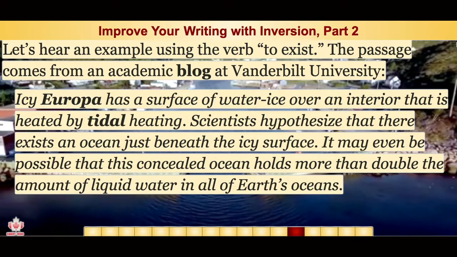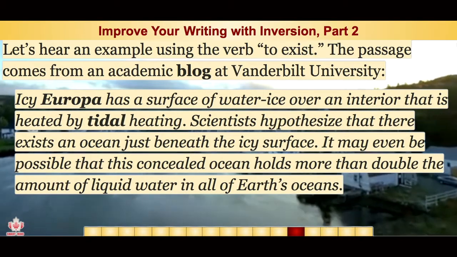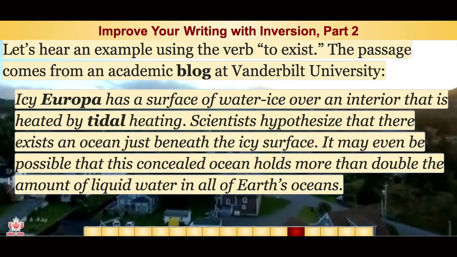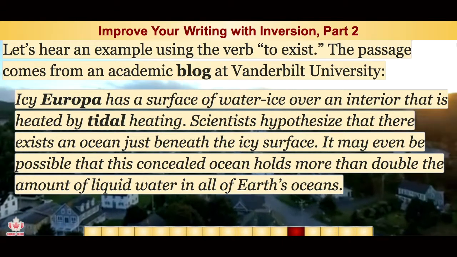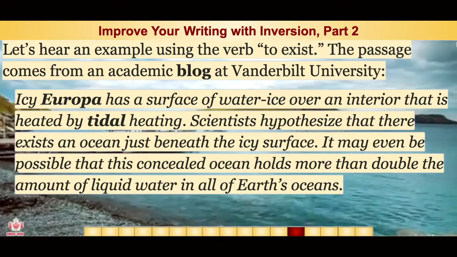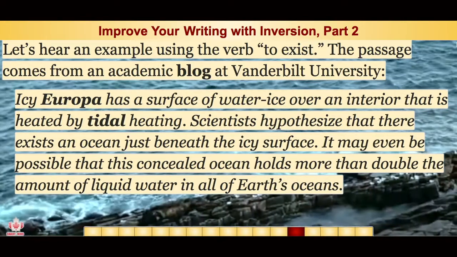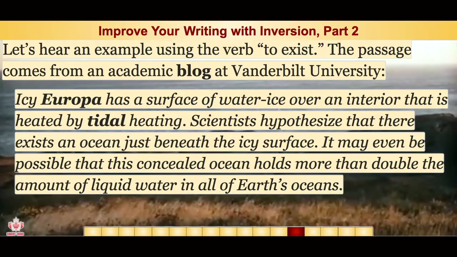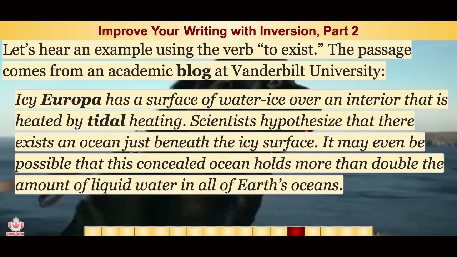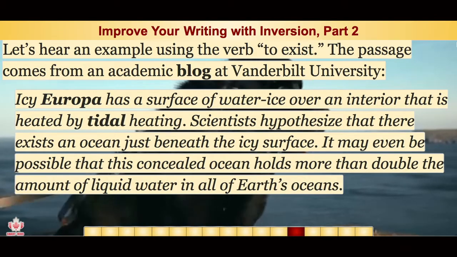Scientists hypothesize that there exists an ocean just beneath the ice surface. It may even be possible that this concealed ocean holds more than double the amount of liquid water in all of Earth's oceans.